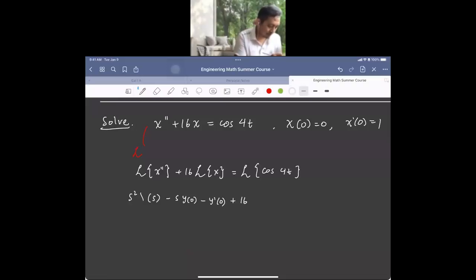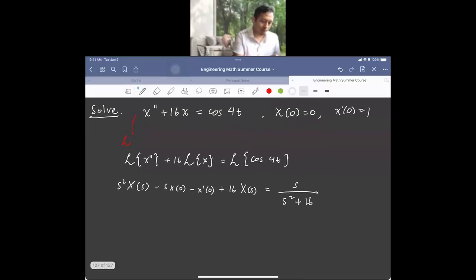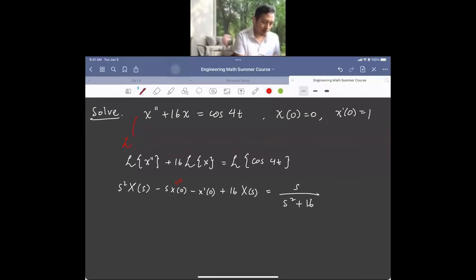Sorry, it's not y, it would be x. And the right side will be s over s squared plus 16. This will be 0, this will be 1. So X(s) times s squared plus 16 is equal to 1 plus s over s squared plus 16.